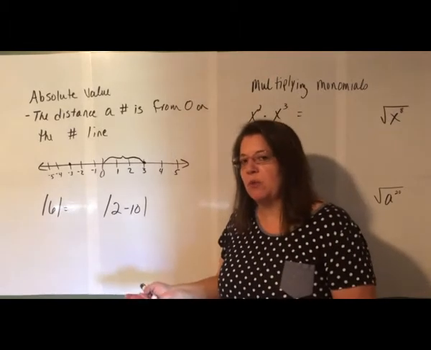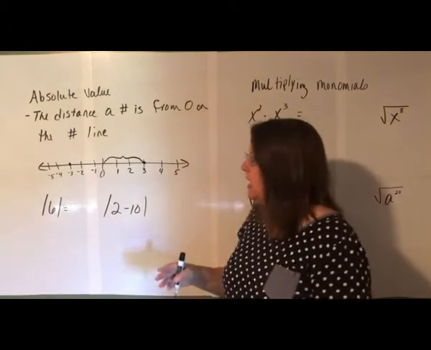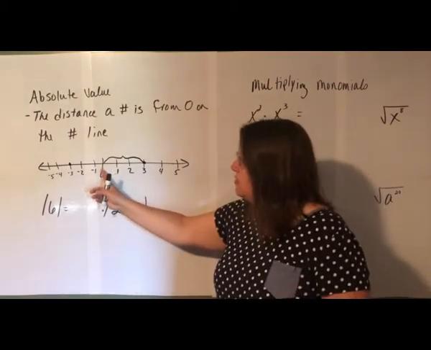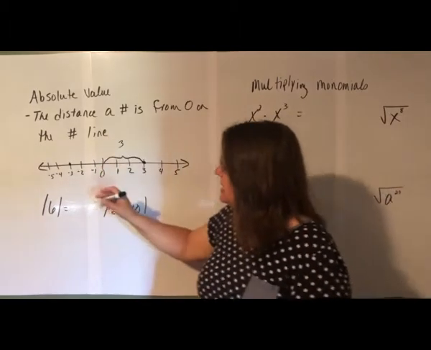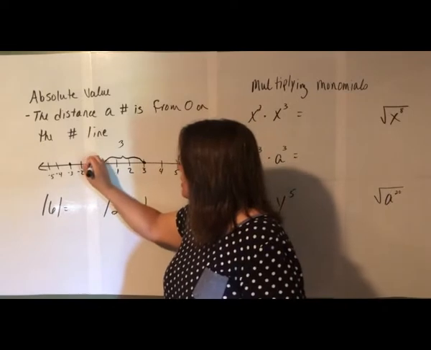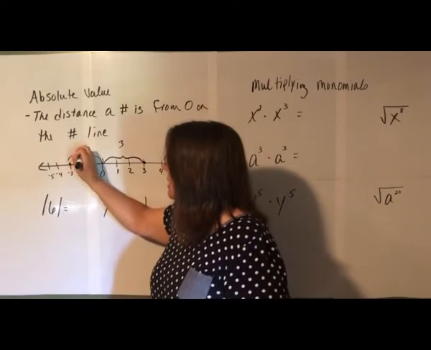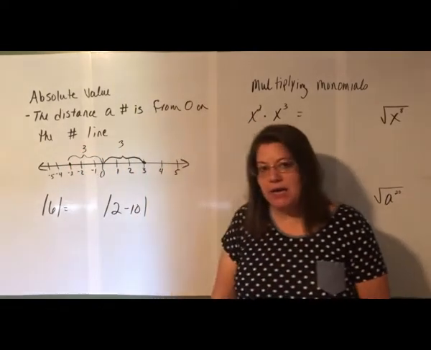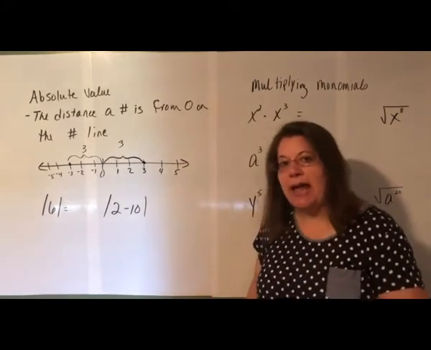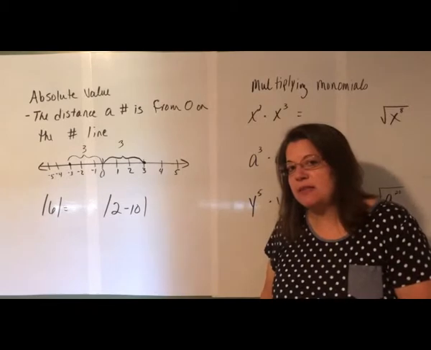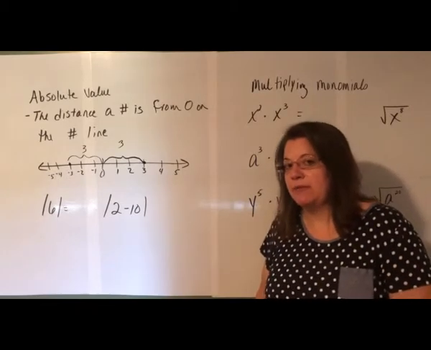We don't account for whether we're going right or left, okay? So the distance between 0 and 3 is 3, and the distance from 0 to -3 is also 3, okay? Since distance can't be negative, and absolute value represents a distance, absolute value can't be negative, okay?